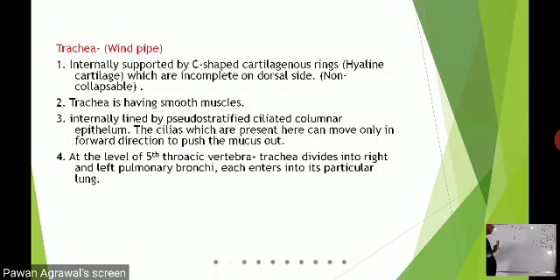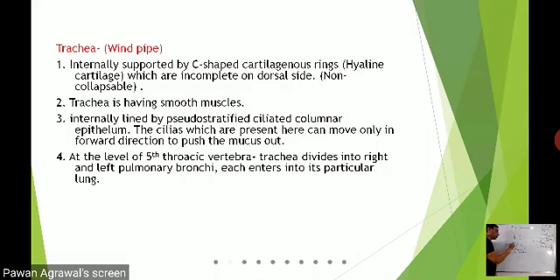At the level of the fifth thoracic vertebra, the trachea divides into two. These are known as the primary bronchi: this is the right primary bronchus and this is the left primary bronchus. The right primary bronchus enters into the right lung.